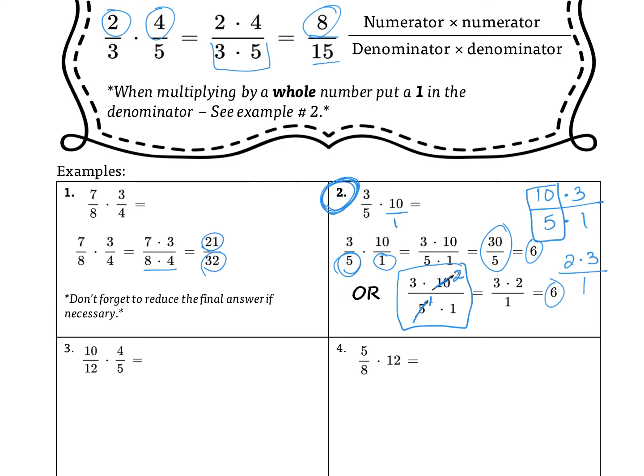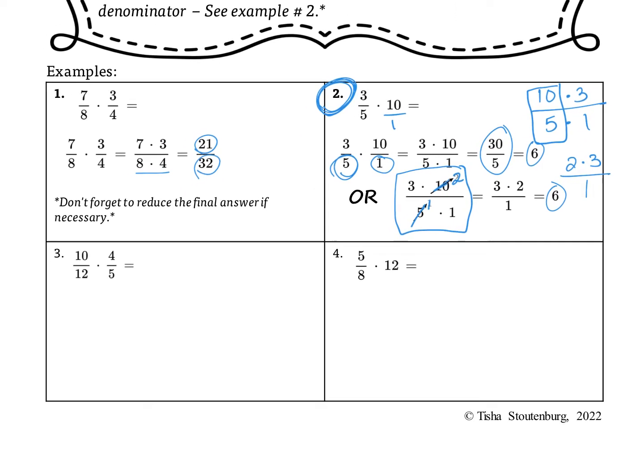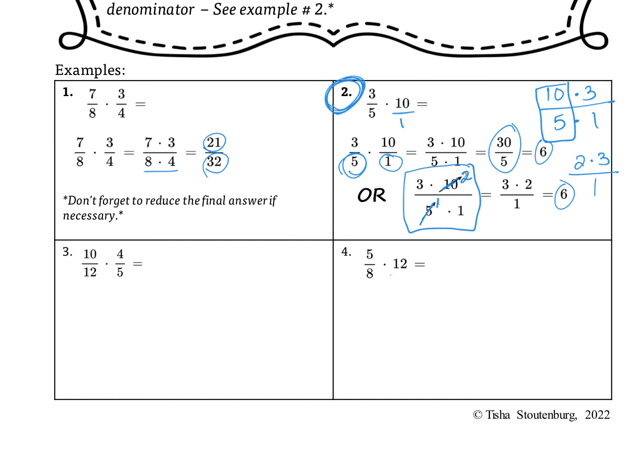Okay, so this is just a quick reminder on how we multiply whole numbers times fractions. Okay, let me skip down to number 4 here. So again, I'm going to make this whole number 12 a fraction by putting a 1 underneath it. So what I have is 5 divided by 8 times 12 over 1.